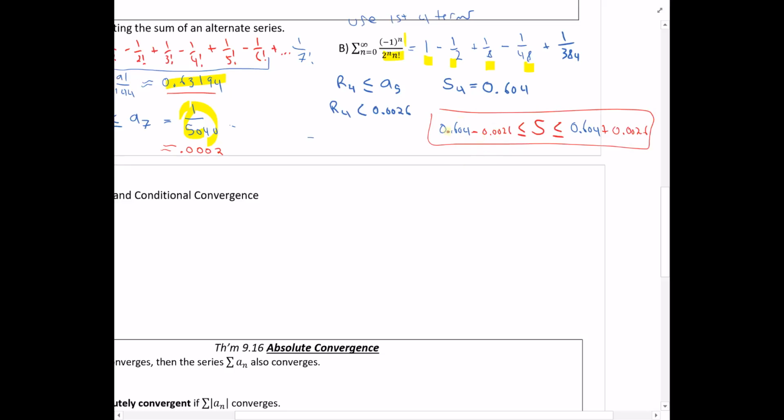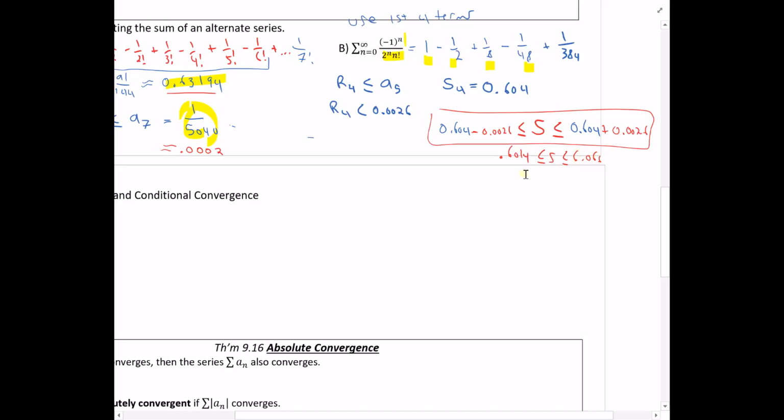And you could actually calculate this, do 0.604 minus 0.0026 is 0.6014, and then we can do 0.604 plus 0.0026, and this will give us 0.6066, right?